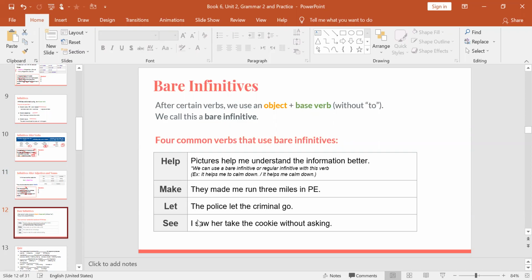But we use the bare infinitive, which looks exactly the same as the base verb, with certain verbs. So only with these 4 verbs.